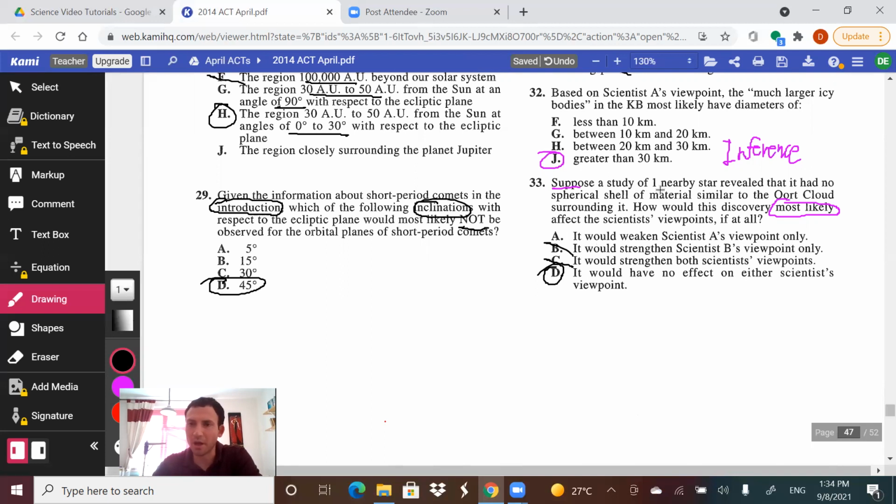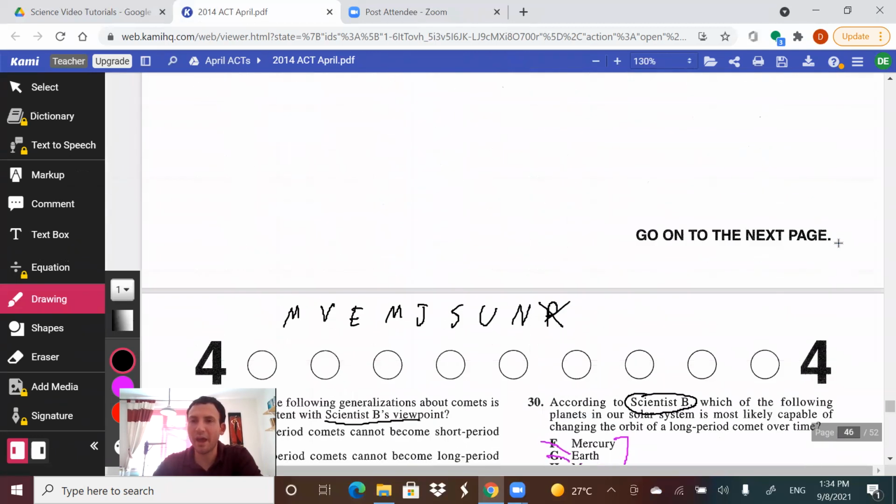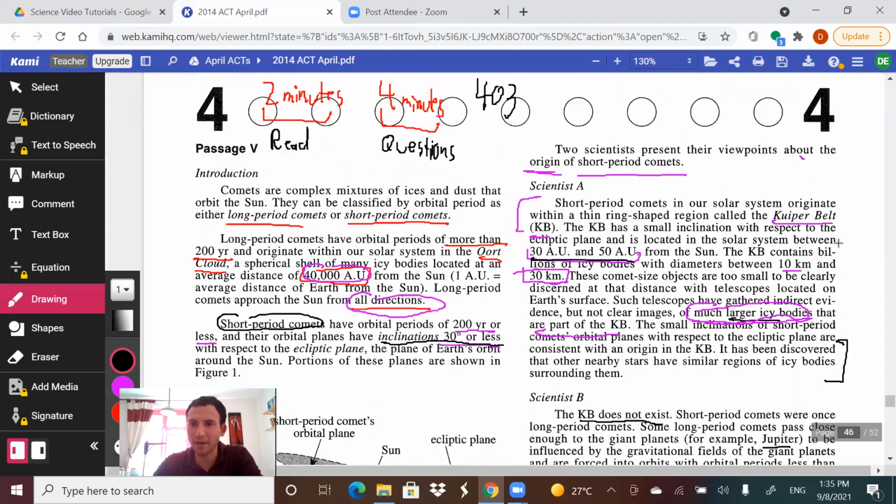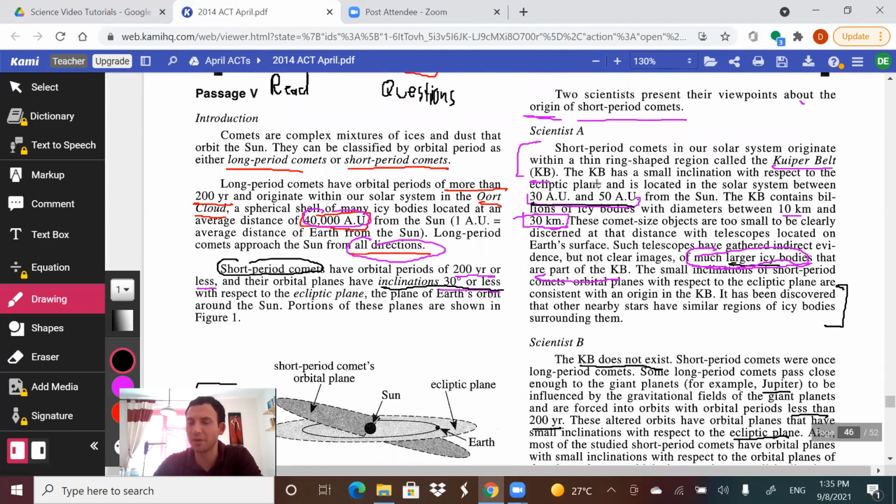So suppose a study of one nearby star revealed that it had no spherical shell of material similar to the Oort cloud surrounding it. How would this discovery most likely affect the scientists' viewpoints, if at all? Okay, so if we think about it, scientist A is saying that we don't need to worry about the Oort cloud. All of the material for short range comets comes from the Kuiper belt.